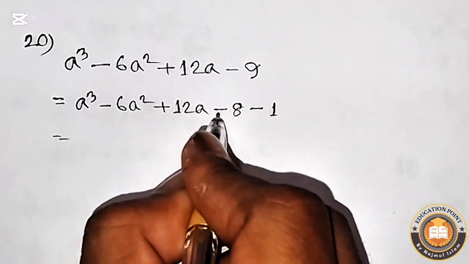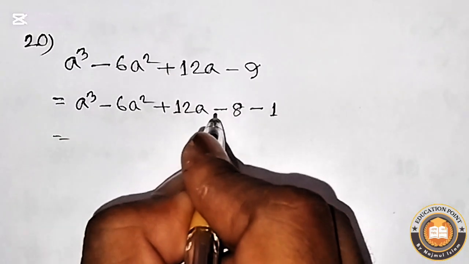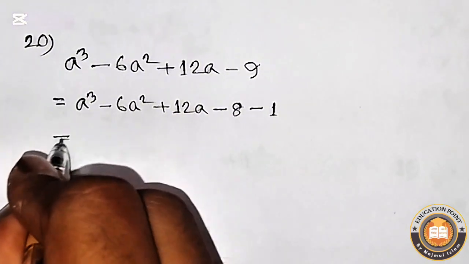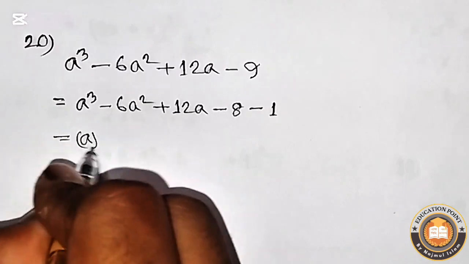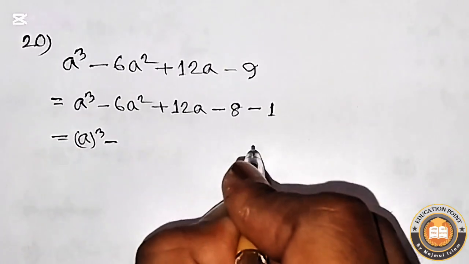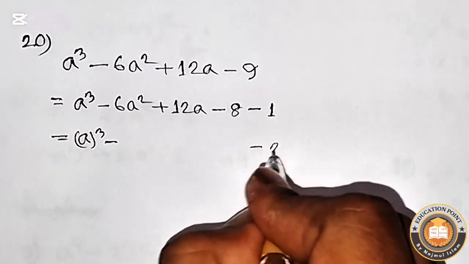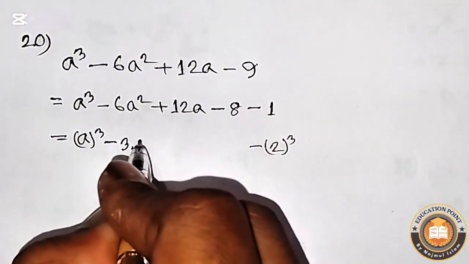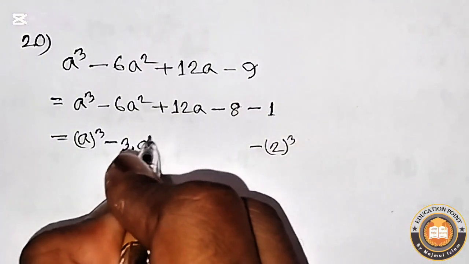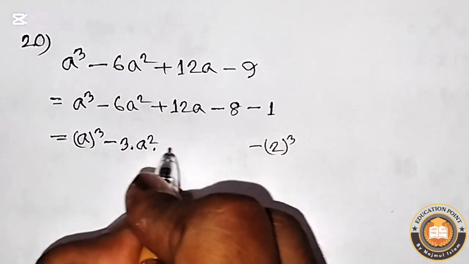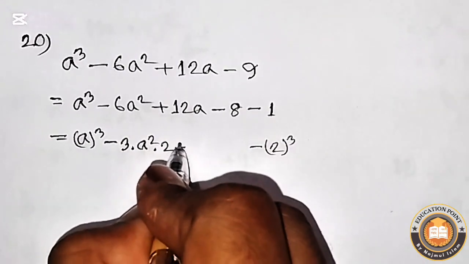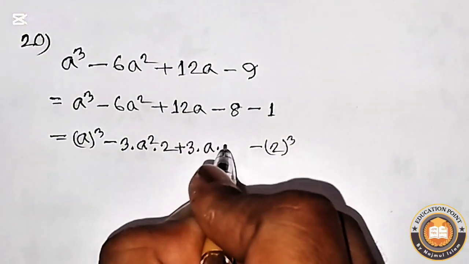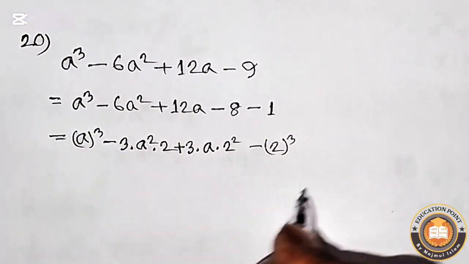For the first four terms we will try to apply the formula of a minus b whole cube. a cube, minus 8 modified as 2 cube, minus 3 into a square into b means 2, plus 3 into a into b square means 2 square.